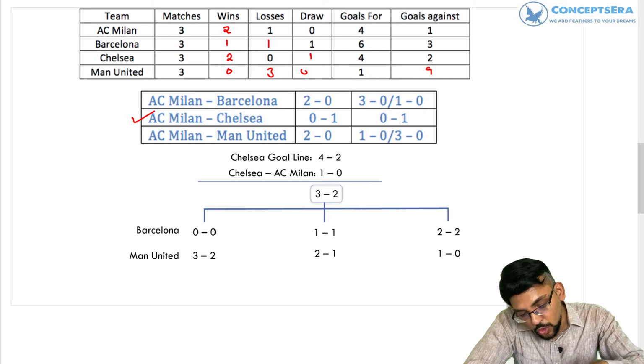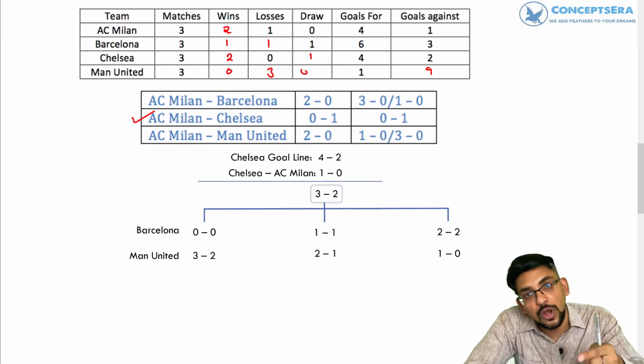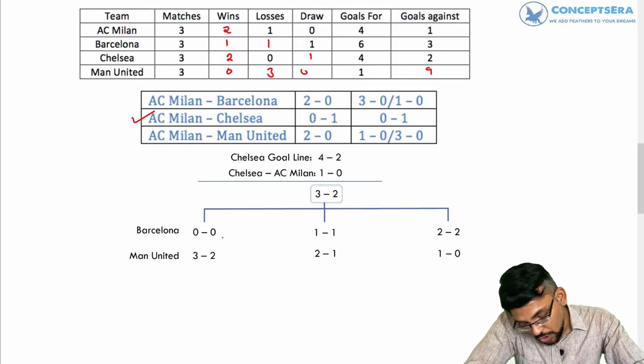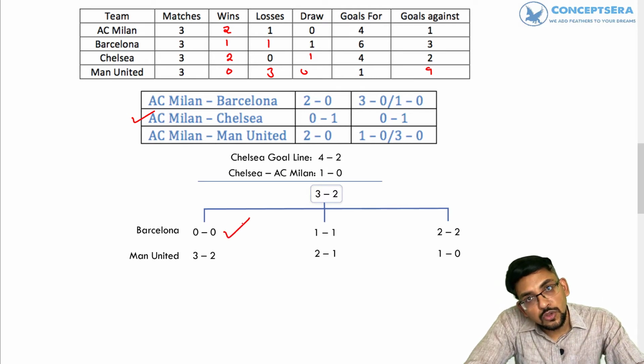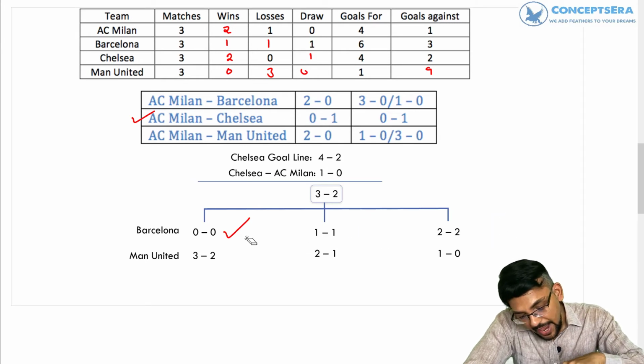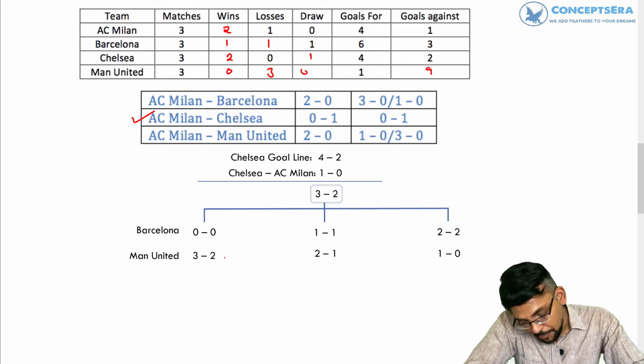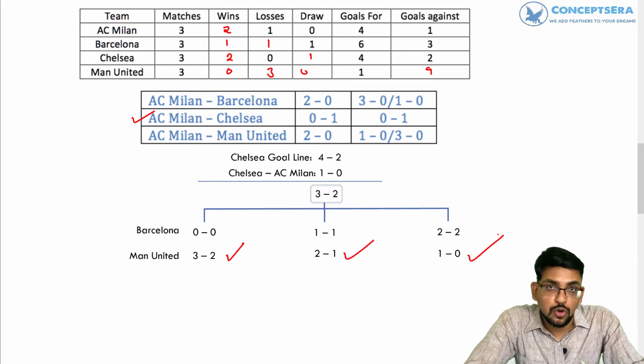Now out of 3-2, we know there is 1 win and 1 draw. So a draw is possible through 0-0, 1-1 or 2-2 against Barcelona, and the win will be against Man U, which will be 3-2, 2-1 or 1-0, we do not know.